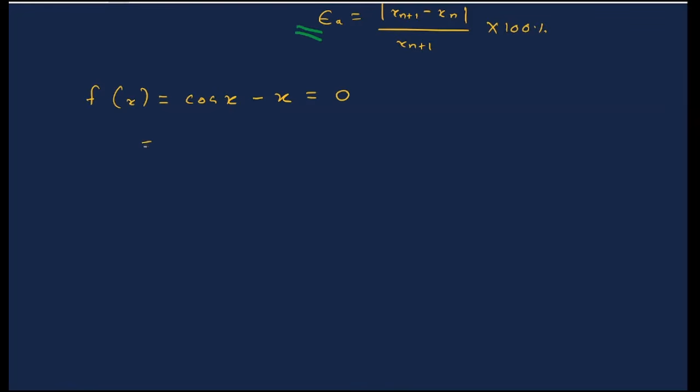What we have learned a few minutes earlier is that to solve this equation using fixed point iteration, we have to rewrite our f of x in a different way. We can rewrite it by adding x to both sides of this equation. That will make the left hand side cos x and the right hand side x. See, now we have reached a point where we can write it in this way: g of x and x.